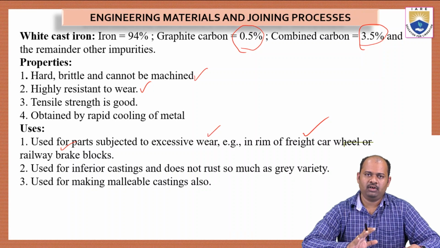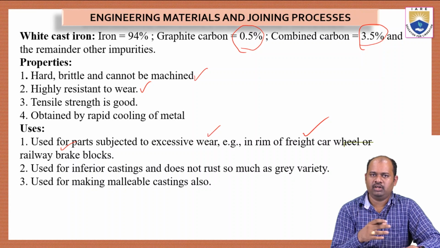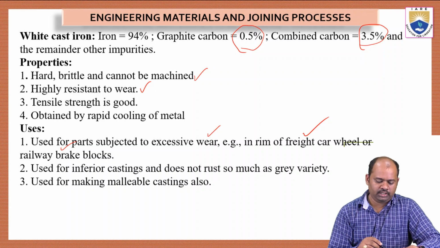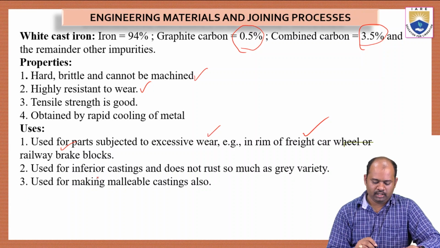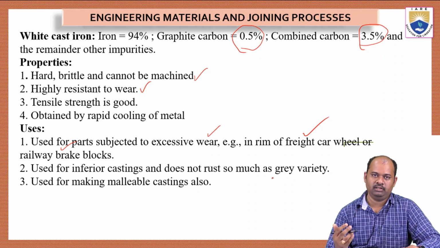Whenever we take the example of railway wheels, that means locomotive engines and their wheels, they are all made of this white cast iron because they are very wear resistant. Sometimes the brake shoes of railway engines are also made of white cast iron because it does not wear easily, so it will take more time to wear out. The second application is for inferior castings, and it does not rust so much as the grey variety.